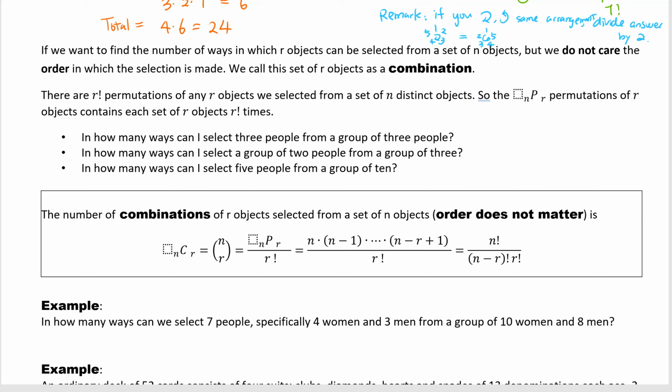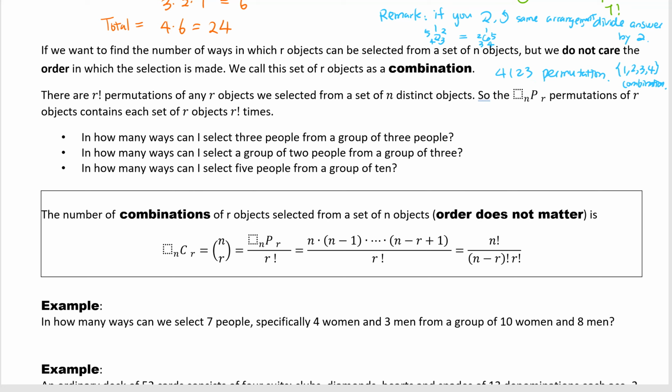So we call 1, 2, 3, 4 a permutation, and the set {1, 2, 3, 4} a combination. We usually put down the numbers or an ordered pair to denote a permutation, and we use sets to denote a combination, because the order of the elements in a set doesn't matter.